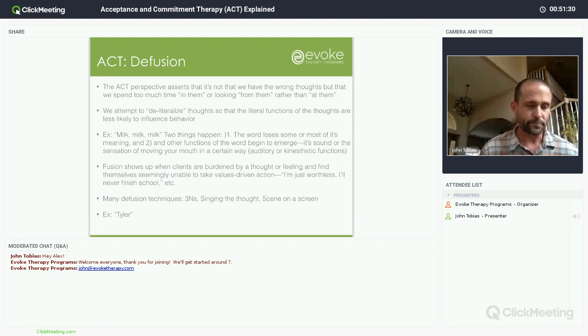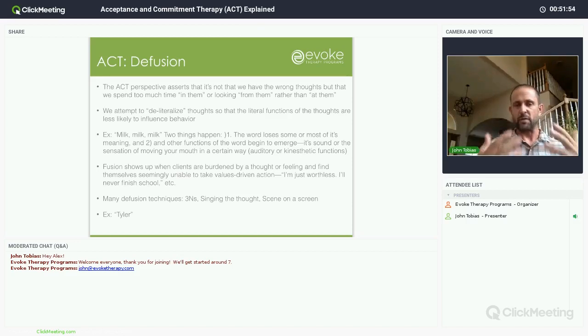And I'll say, there's a slight language piece that's important here. Let's say I notice I'm having the thought that I am worthless. When I'm doing it correctly, I'm saying, I notice I'm having the thought that I am worthless, instead of I notice I am worthless, right?